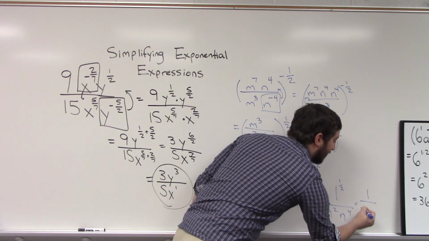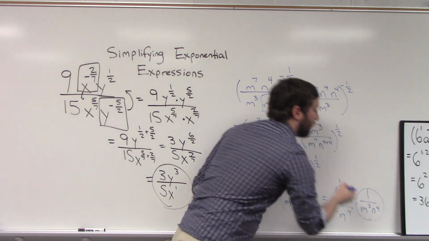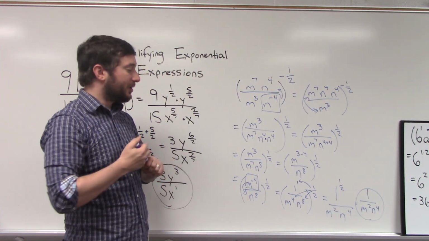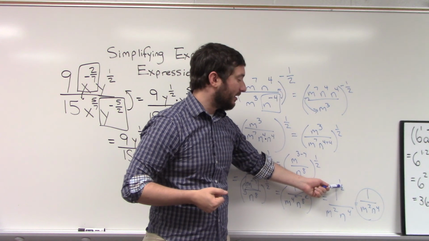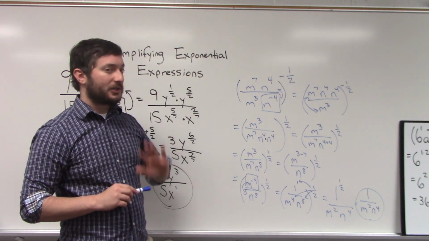So look forward to next class when we actually start to understand what this means. It's actually going to mean the square root. So the square root of 1 here will be 1. We're going to talk about it in the next video, though.